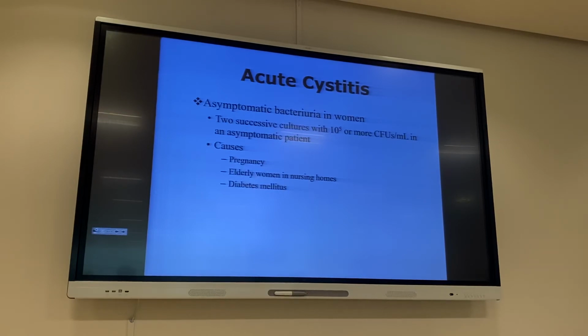Now, why would you care if someone has ascending pyelonephritis? Because pregnancy is also associated with complications. There are obstetric complications, including premature rupture of the membrane, premature labor, including IUGR, intrauterine growth retardation.